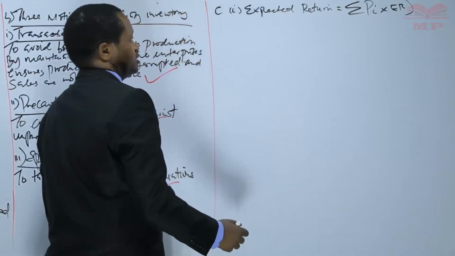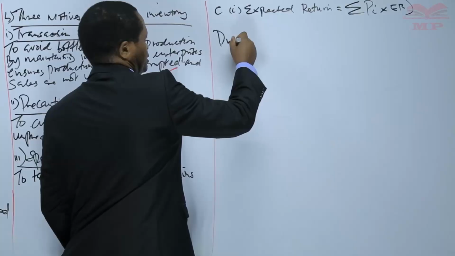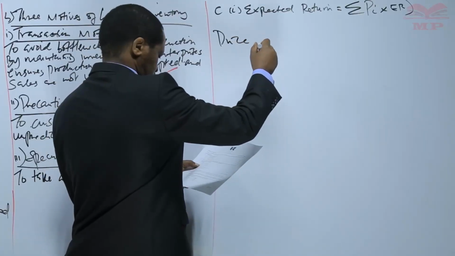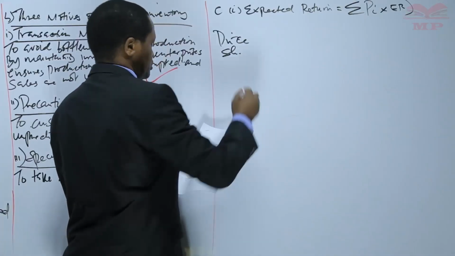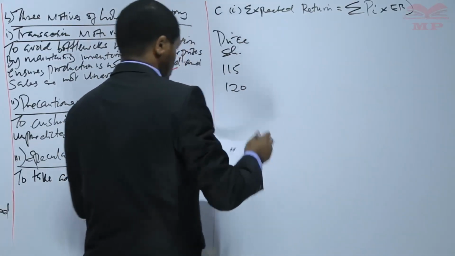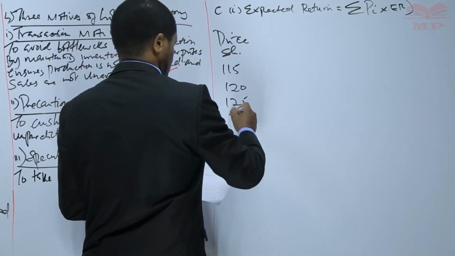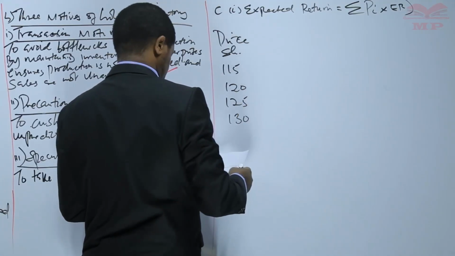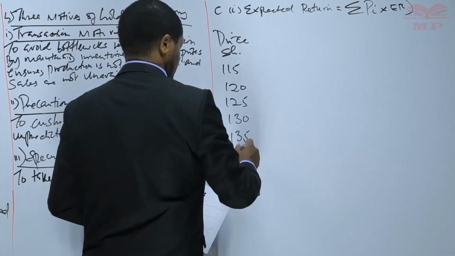Okay, so we'll present this in a table. Price in shillings: 115, 120, 125, 130, 135, 140.